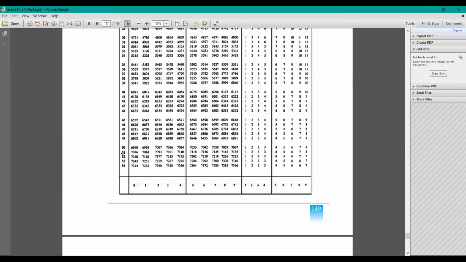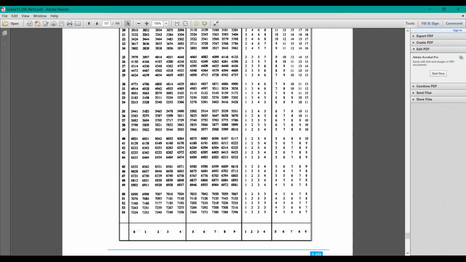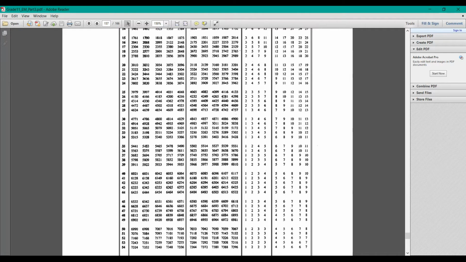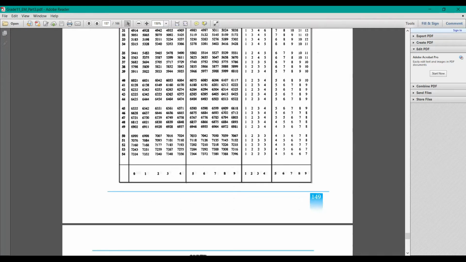So 51, then you need to go for 8. 8 is in this column. You can see if you scroll down, you will come here. It is 7143. Now the answer here is 7143. So the 7143 here means 0.7143, right?